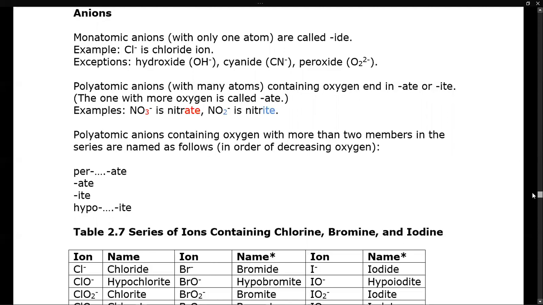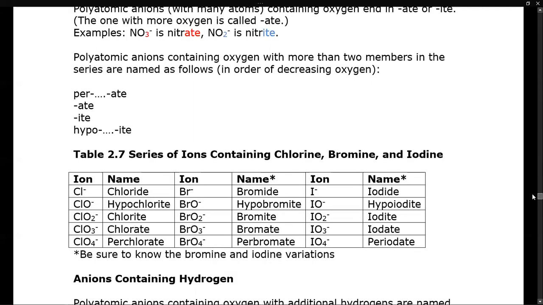Here are some examples. You can see chloride, but then if you add an oxygen, you get hypochlorite. Then ClO2- is chlorite. ClO3- is chlorate.